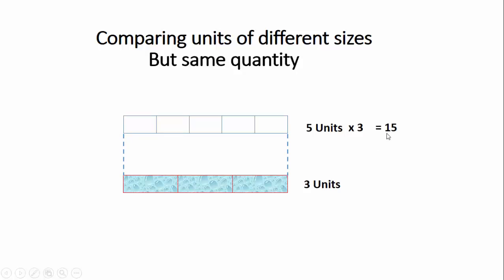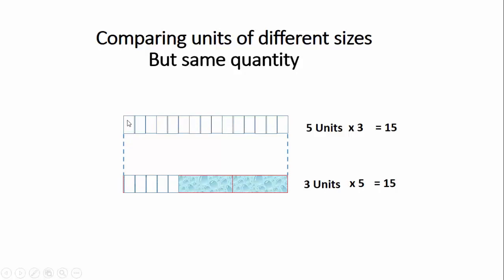5 times 3, that is 15. Here 3 times 5 gives 15. So what it means is that each unit is divided into 3 subunits here. Similarly here, each unit is divided into 5 units.